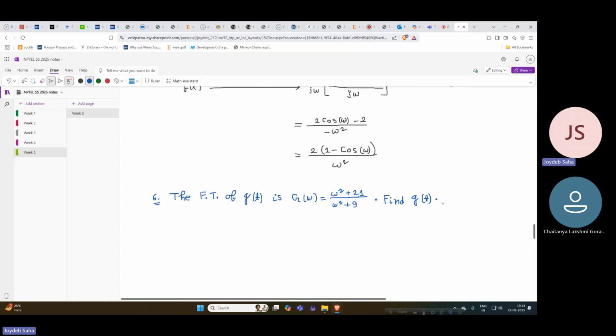The question is the Fourier transform of small g(t) is given, capital G(omega) is equal to (omega square plus 21) upon (omega square plus 9). Find small g(t).